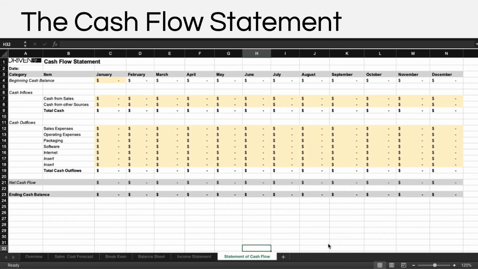In order to create your statement of cash flow, make sure that you are in the Statement of Cash Flow tab in the Excel spreadsheet. Start by identifying the period of time that your statement of cash flow covers in the Date section.